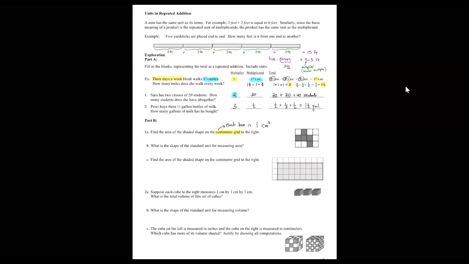All right. So this is kind of a different story here, because when you get into area, first we want to tackle the concept of that 1 square centimeter. Where on earth did that come from? And then from there, we want to find out what the shaded area or shaded region would be, right?